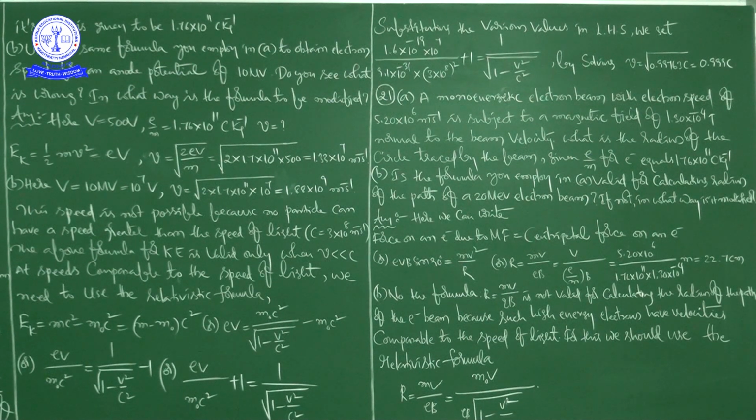So first I am going to discuss A and then B. A: a monoenergetic electron beam with electron speed of 5.20 into 10 to the power of 6 meter per second is subject to a magnetic field of 1.30 into 10 to the power of minus 4 Tesla, normal to the beam velocity.